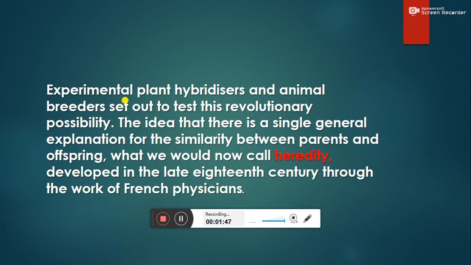Experimental plant hybridizers and animal breeders set out to test this revolutionary possibility, the idea that there is a single general expression for the similarity between parents and offspring, what we would now call heredity. The term heredity developed in the late 18th century through the work of French physicians.